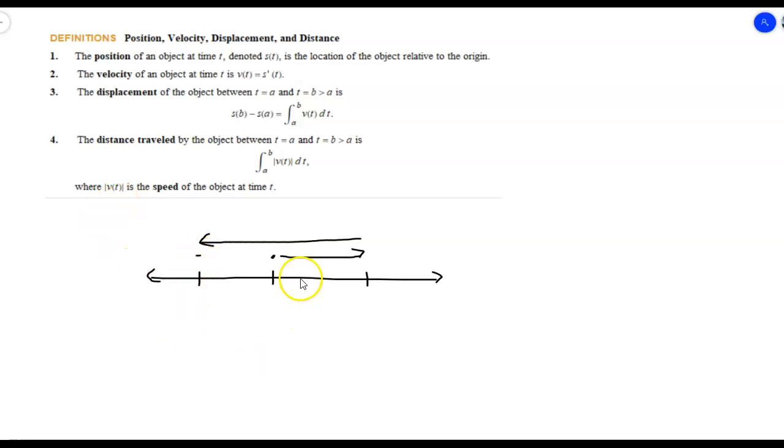The displacement of this point is just going to be this distance right here. It's just the distance between where it started and where it ended.